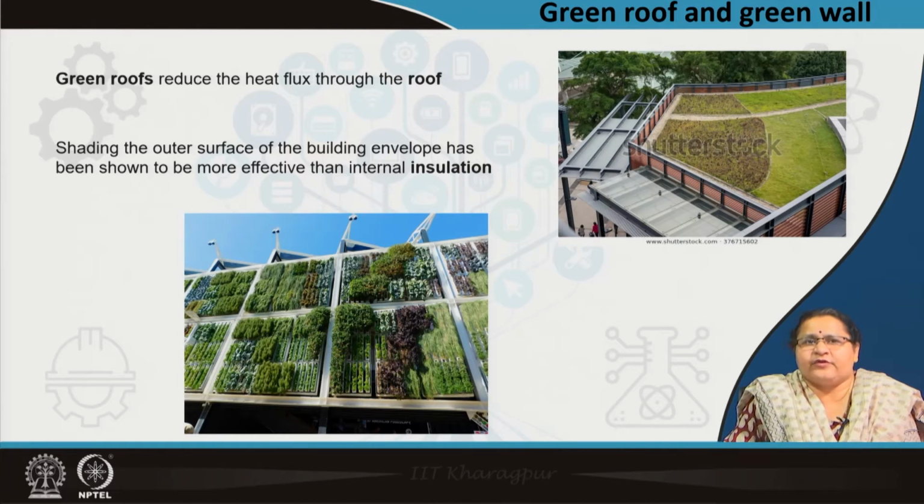Now, yes, from outside any shading, not allowing the entry of sunlight, will obviously be an effective barrier to the thermal gain. So, instead of putting an internal insulation, you are giving a different kind of look to the building and at the same time preventing the sun rays or the surface from getting heated and heat being trapped inside.